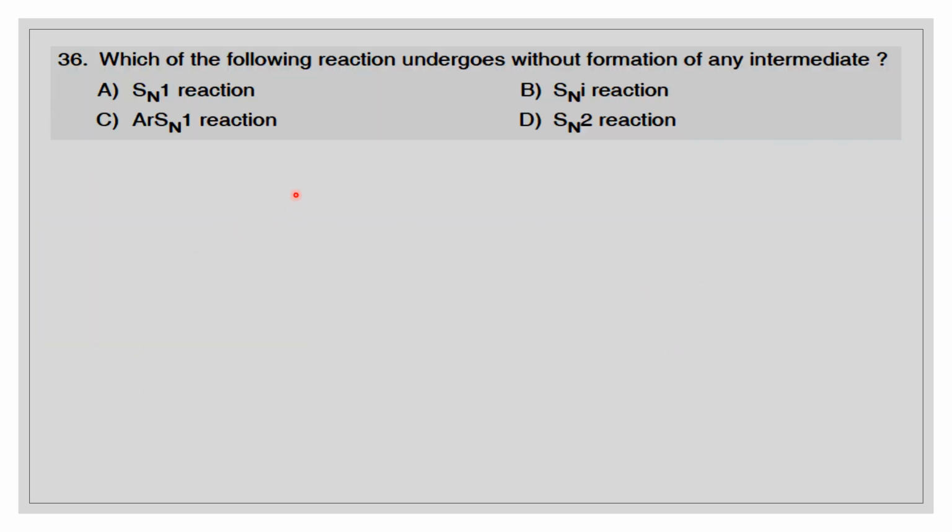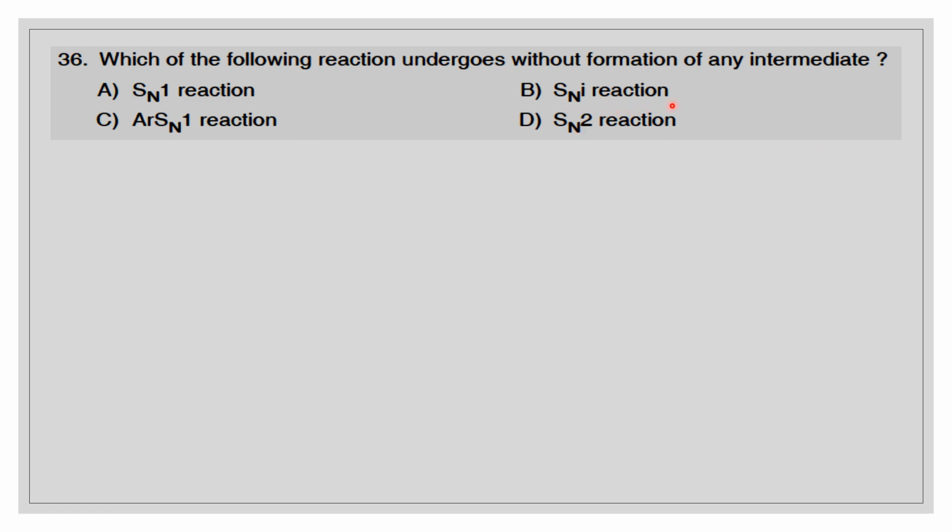So now coming back to the question, we are in a position to answer it. The question was about the substitution reaction which undergoes without the formation of an intermediate. In the case of SN1 reaction, you have already seen that it involves a carbocation intermediate. And in the case of ArSN1, you have a phenyl carbocation.